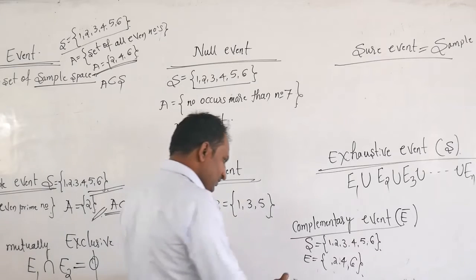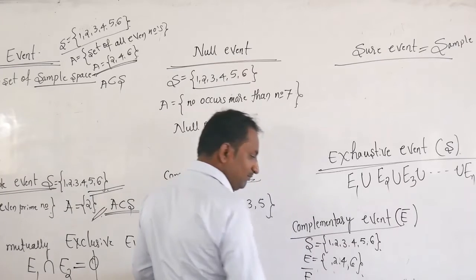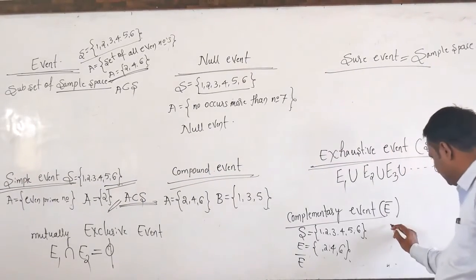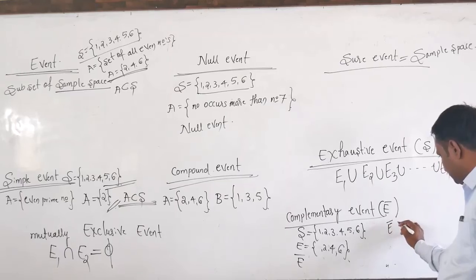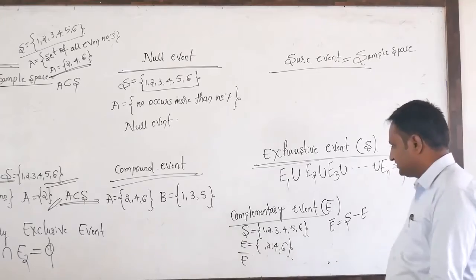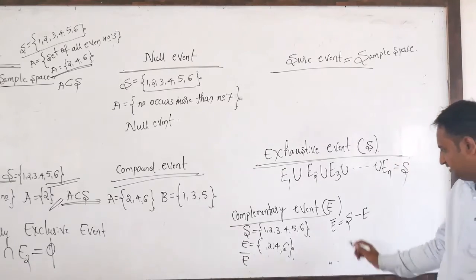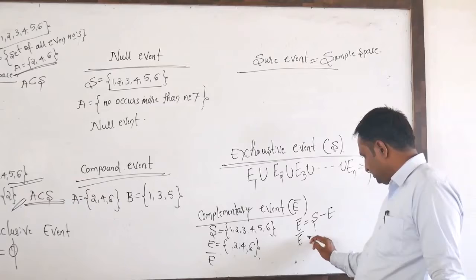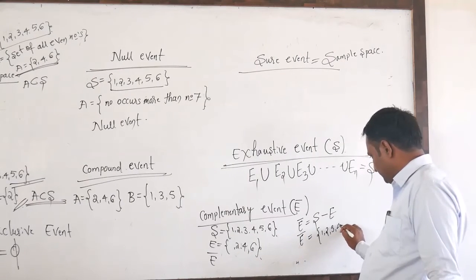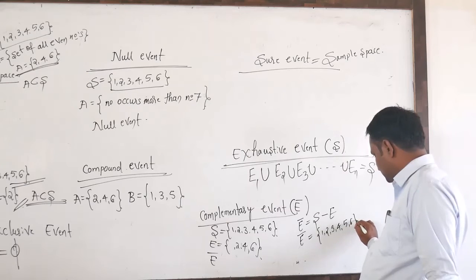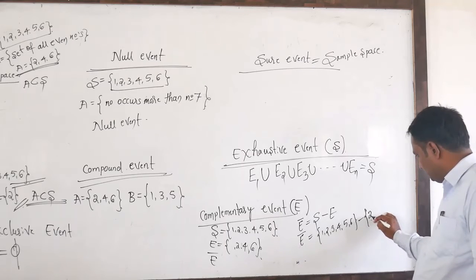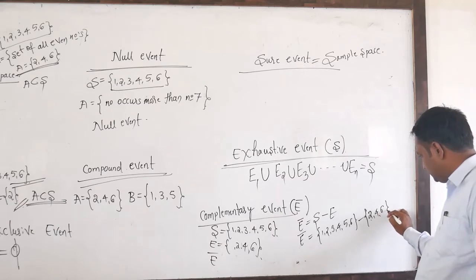Then find the complementary event of this one, E bar. Here E bar is equal to sample space minus E. So E bar is equal to the sample space 1, 2, 3, 4, 5, 6 minus the even numbers 2, 4, 6.